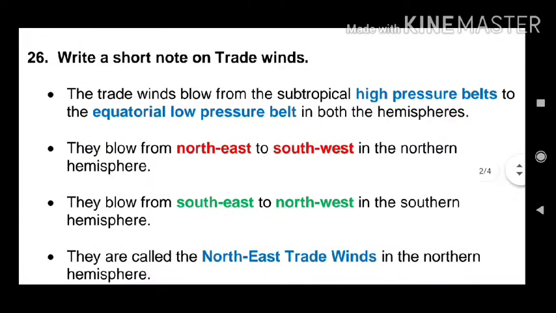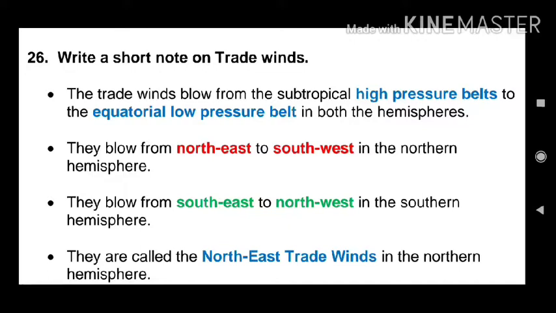Next, write a short note on trade winds. The trade winds blow from the subtropical high pressure belts to the equatorial low pressure belt in both the hemispheres. They blow from northeast to southwest in the northern hemisphere.